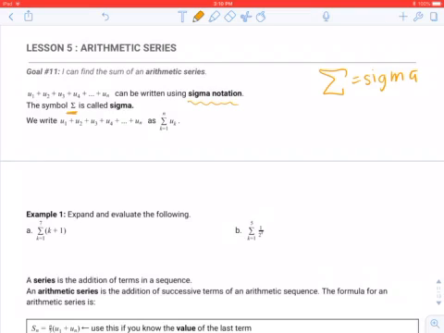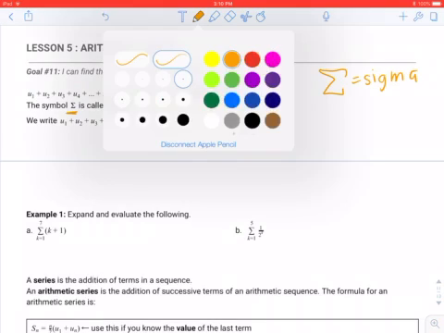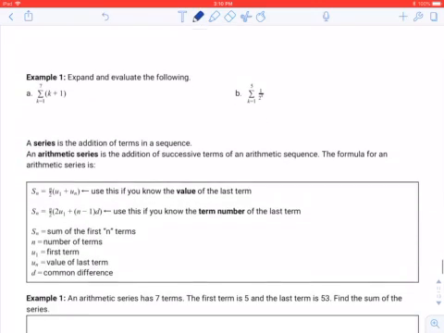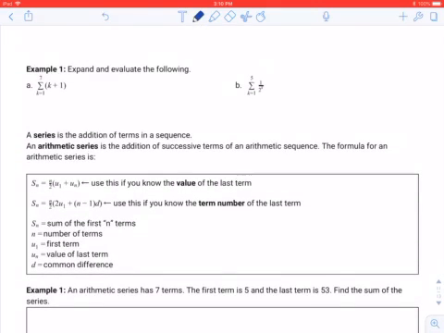Usually when we have sigma notation, we have the variable k, and k can range from 1, or whatever the number is on the bottom, to whatever the number is on the top. And then we have some function that we're plugging the k values into. For example, in example 1, I have k equals 1 to 7, and I'm looking at the sum of k plus 1.